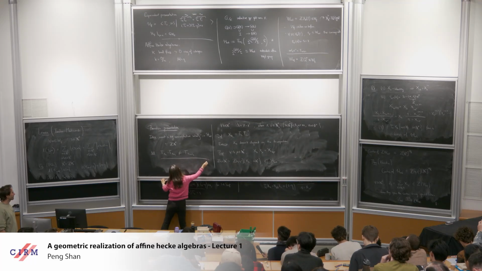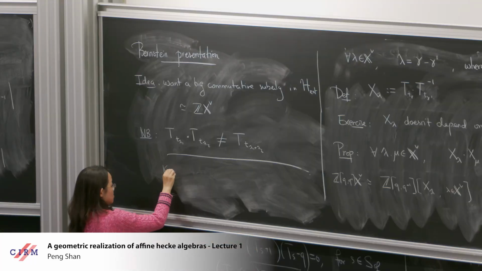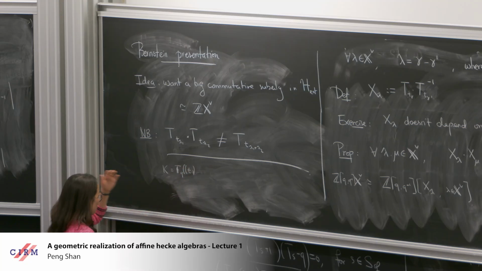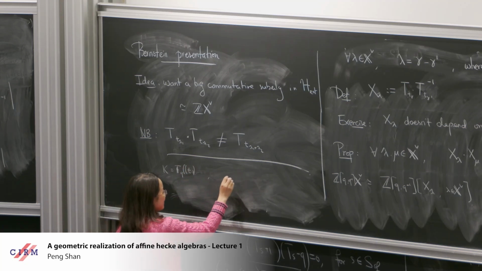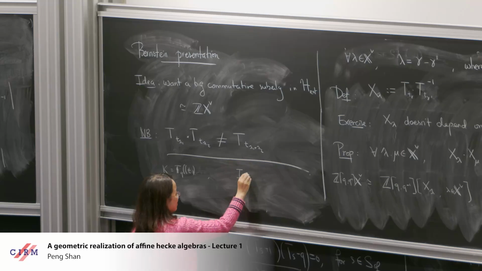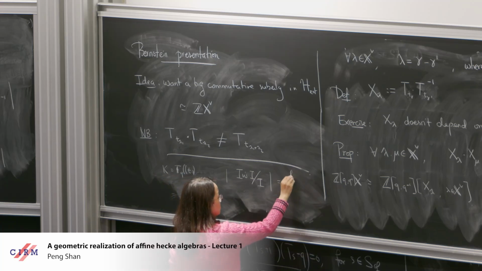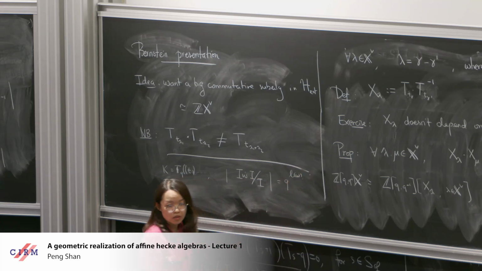It is also possible. If, let's say, k is just F_q((t)), I think it should work for any local field, but I'm more familiar with this case. You take the cardinality of this. This is always finite dimensional, and this is also q to the length. The same thing works.